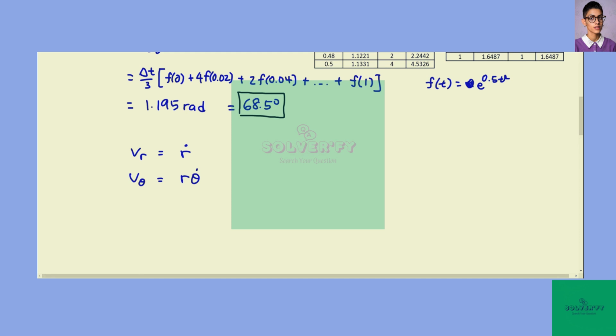A r, the radial component of the acceleration, is r double dot minus r theta dot square, and A theta is r theta double dot plus 2 r dot theta dot. So we need to differentiate r with respect to time and also theta with respect to time.